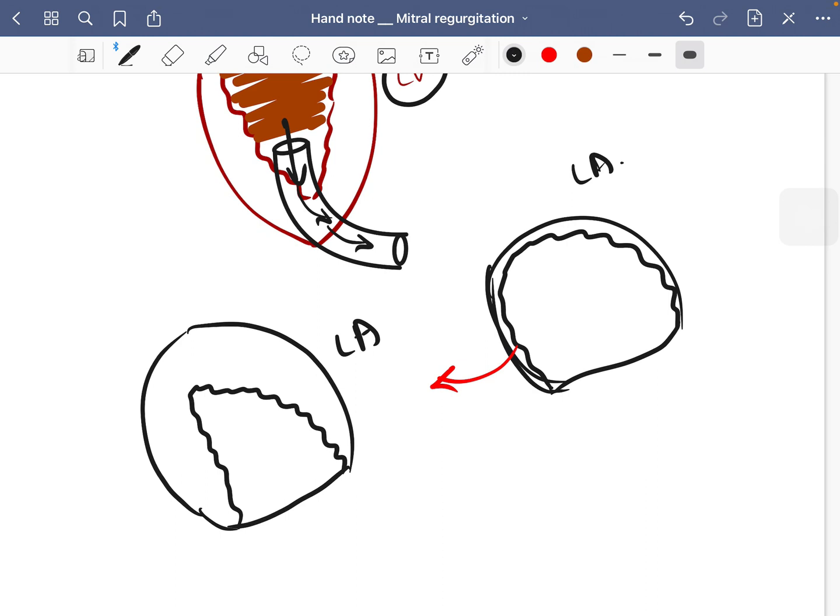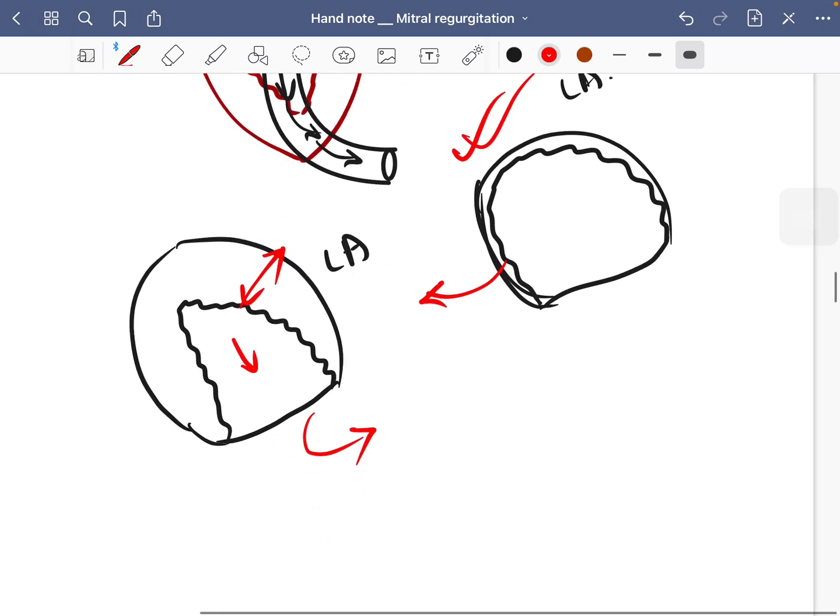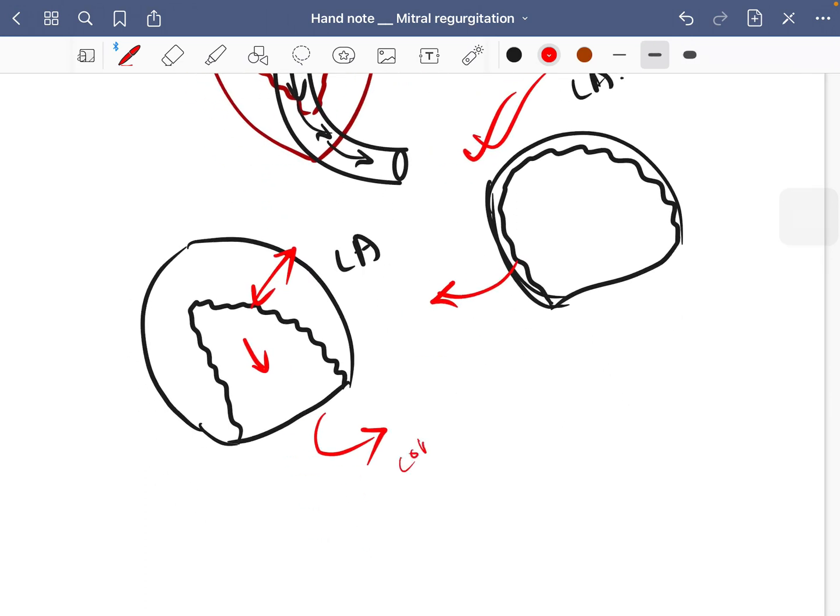The volume of the left atrium is decreased here, and the wall thickness is increased, relative to the previous picture. This is called concentric hypertrophy.